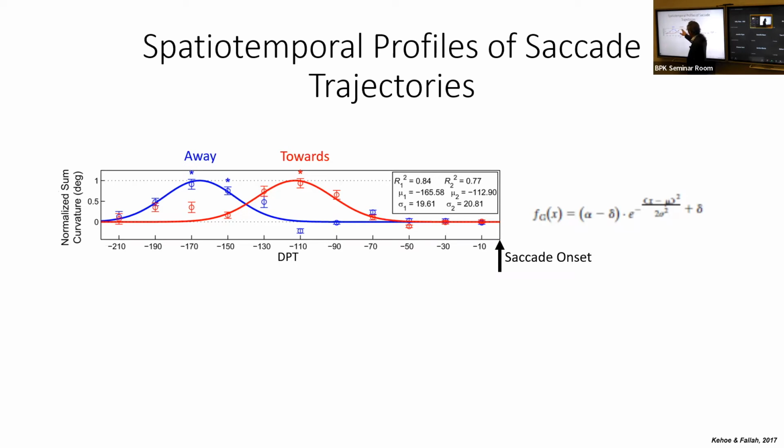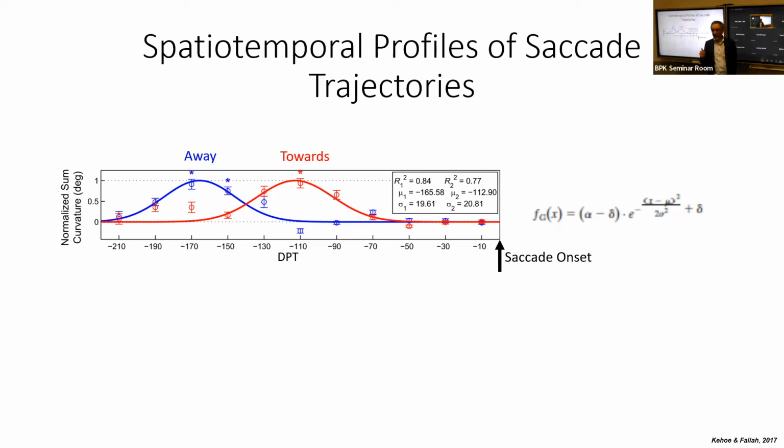And what we have here are all of the trials that were split up, all the trials that were towards the distractor in terms of endpoints were analyzed and summed together, and all the trials where the endpoint was away from the distractor summed together. What we've done is taken every single saccade trial, measured the distractor processing time for that saccade trial, binned them in 20 millisecond bins, and then measured the curvature. And we plot the average curvature for every bin of distractor processing time.